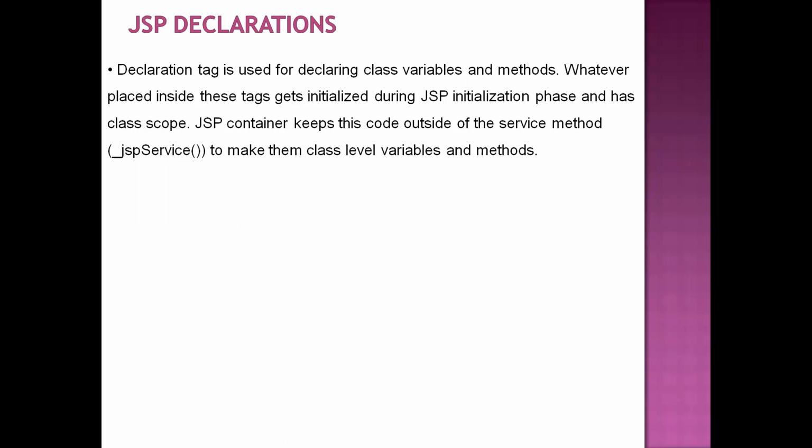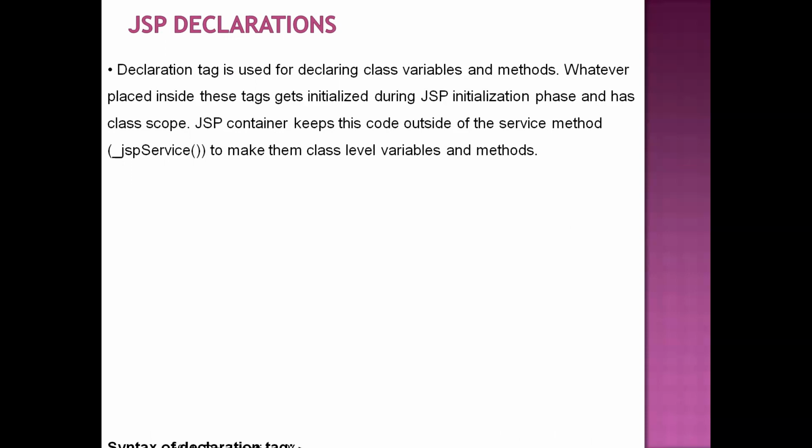Whatever variables you declare under JSP declaration statements, this code will be directly placed inside the automatically generated servlet class, but it will not be placed inside the service method. It will be placed outside the service method of that particular servlet class.